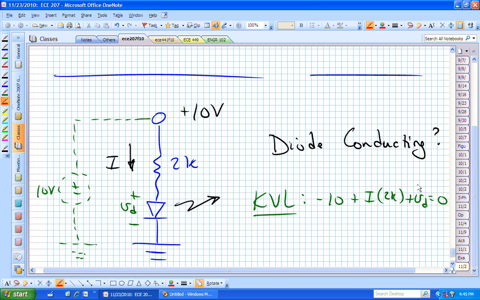In an ideal world, or maybe we're just going to neglect that, we're going to say it's forward biased. Let's just assume that's 0. What do we know I is? I is now 10 divided by 2K. It's now 5 over 1,000, or 5 milliamps.